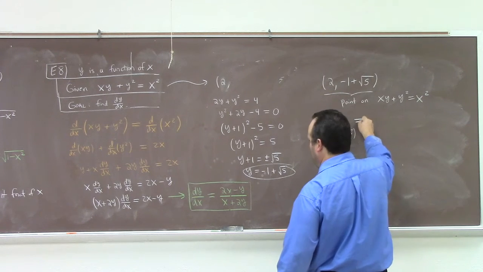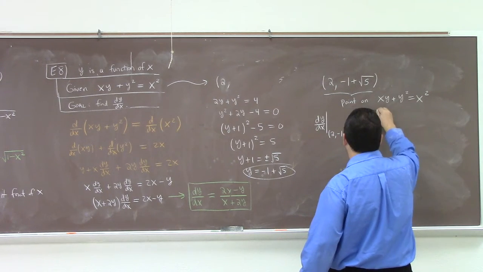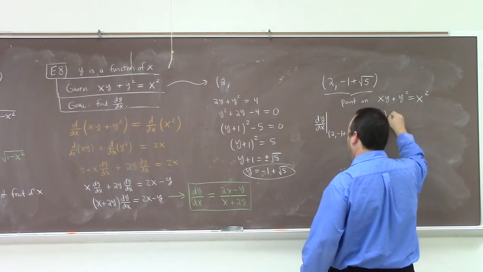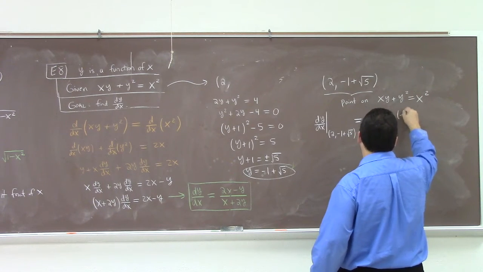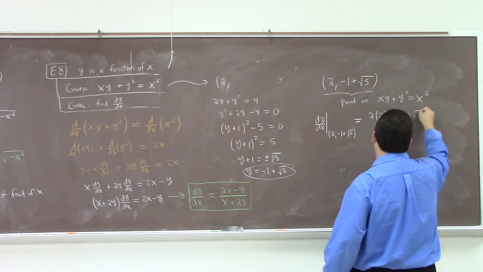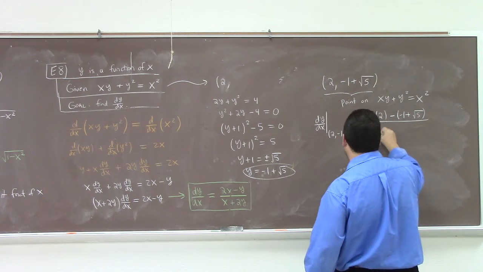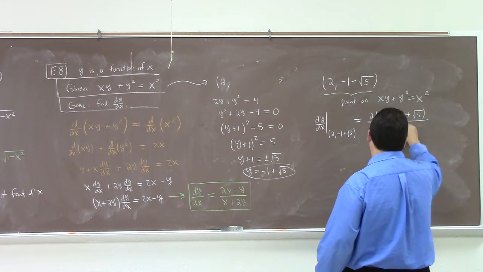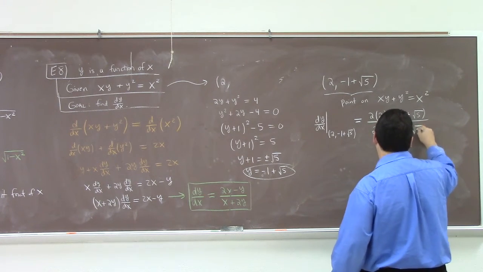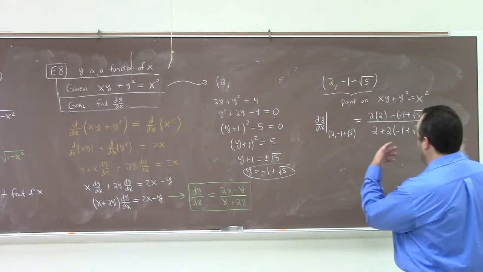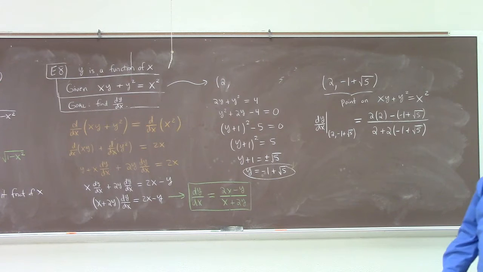So what that means is we take 2 times 2 minus y, which was what? Minus 1 plus the square root of 5, and divide by 2 plus 2 times minus 1 plus the square root of 5. Whatever that number is, that's the slope of the tangent line to this graph at that point.